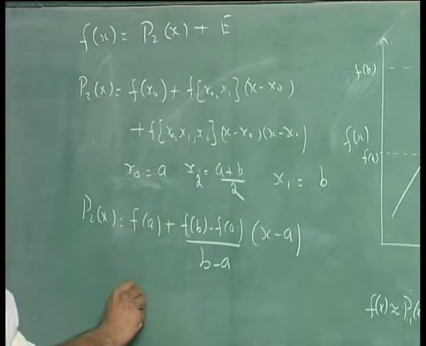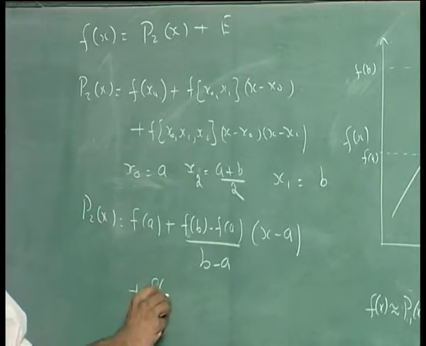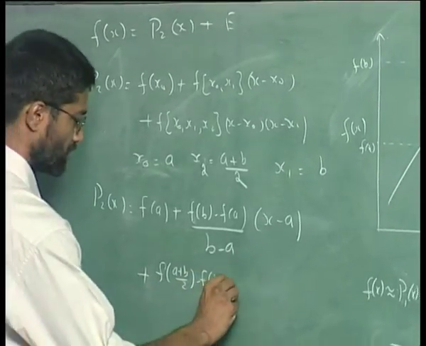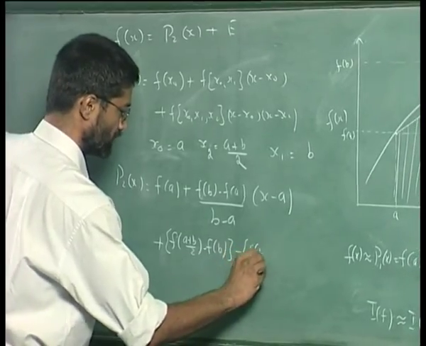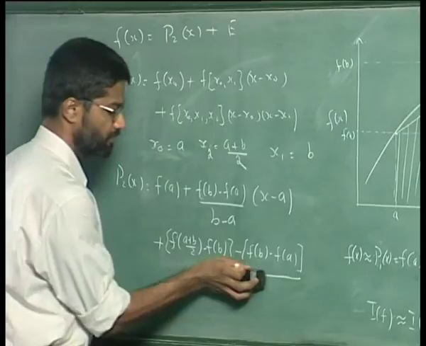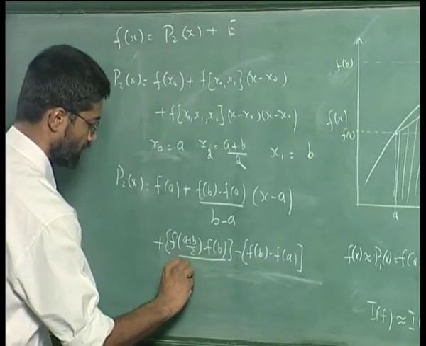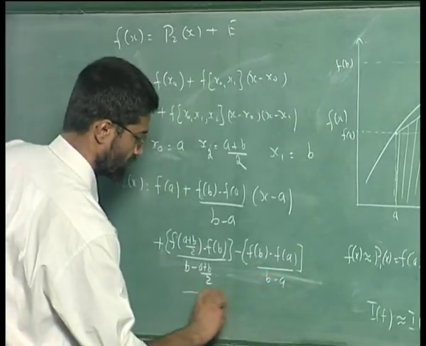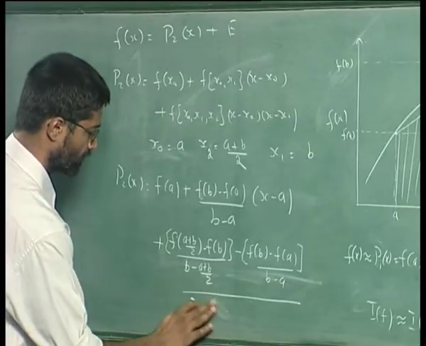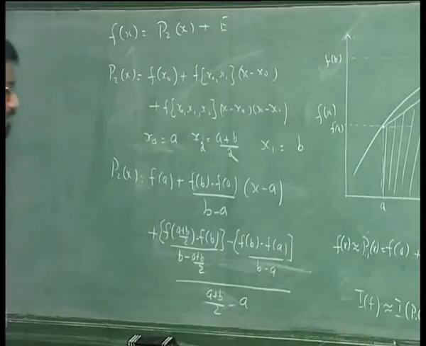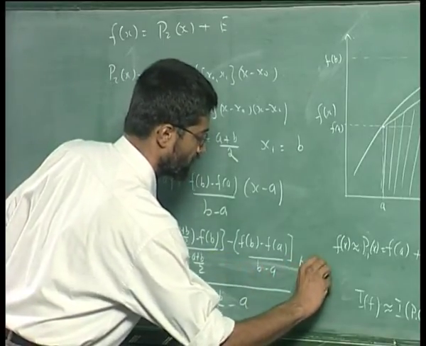Then the next term has three parts: f of a plus b by 2 minus f of b, minus that with f of b minus f of a divided by b minus a, and the whole thing is divided by a plus b by 2 minus a, into x minus a into x minus b.